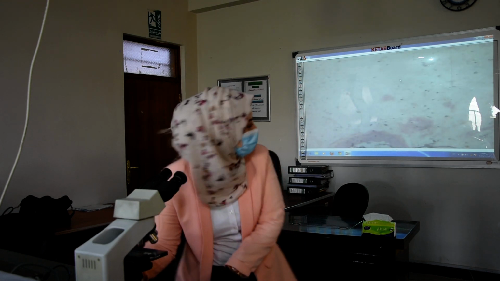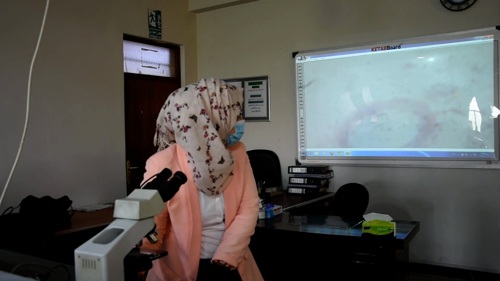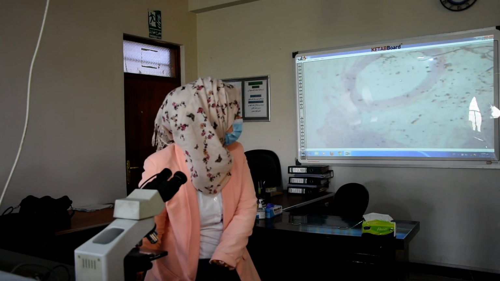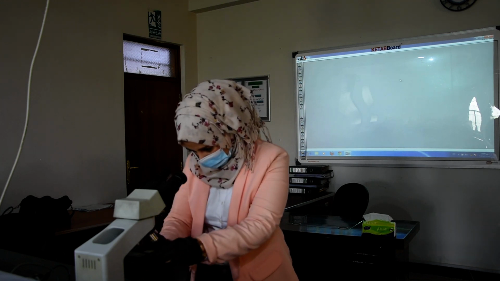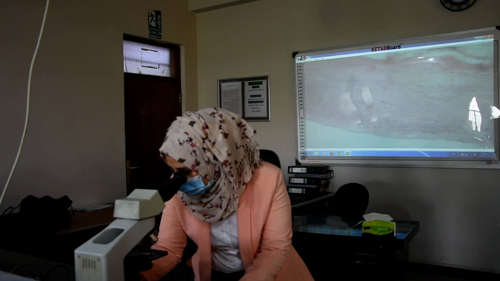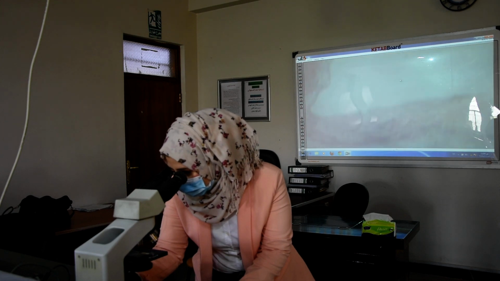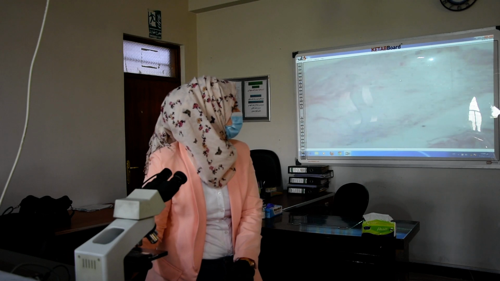Okay, these are the epicardium containing coronary artery. The same, I think. Okay. Also, it's a semilunar valve.